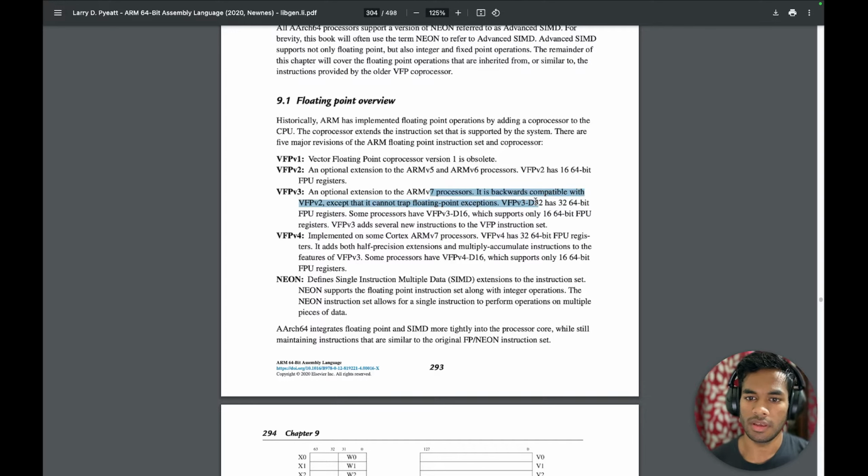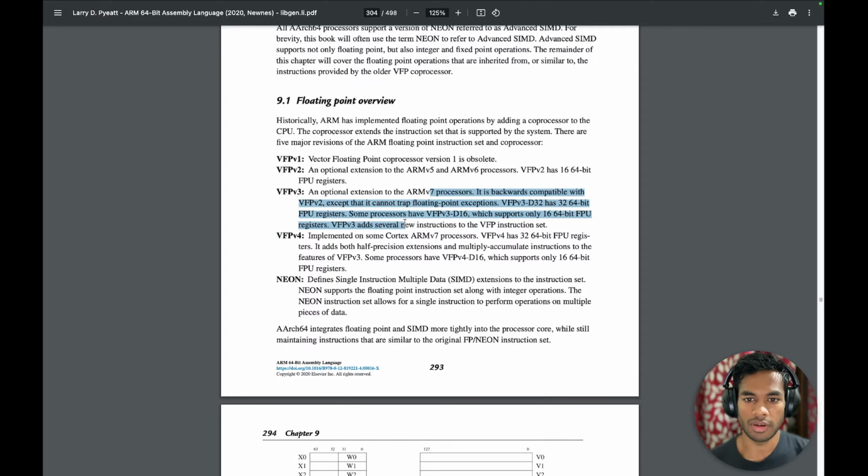Okay, V3 D32. D means just double, that is 64. It has 32 64-bit FPU registers. Some processors have V3 D16, which supports only 16 64-bit floating point unit registers.